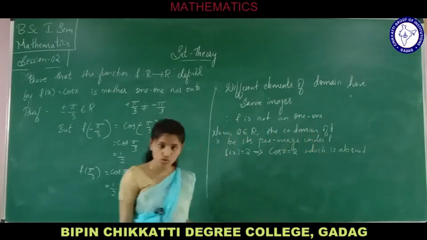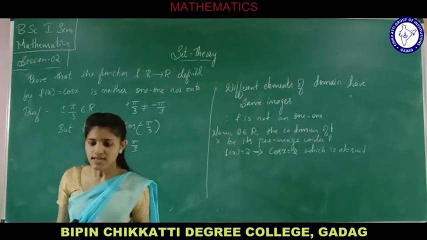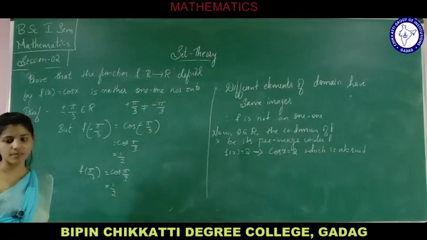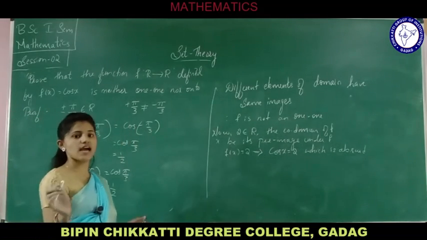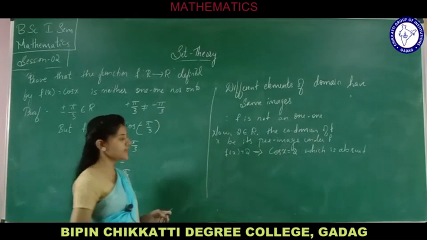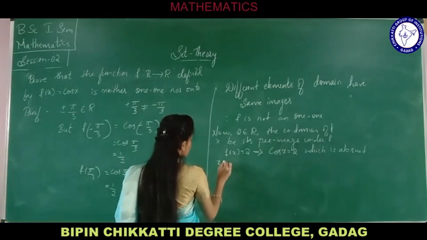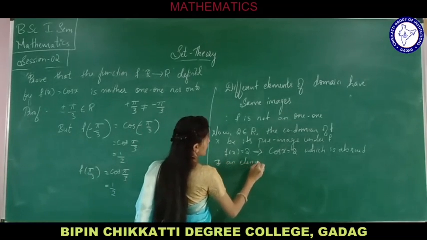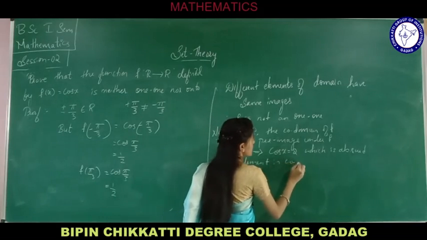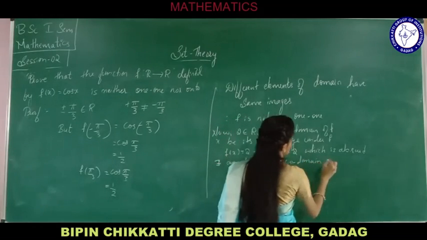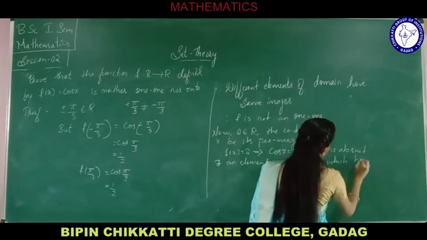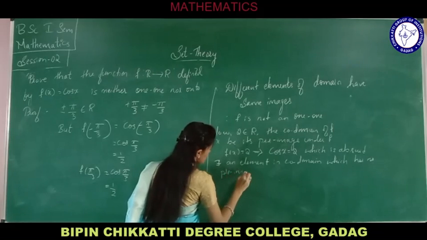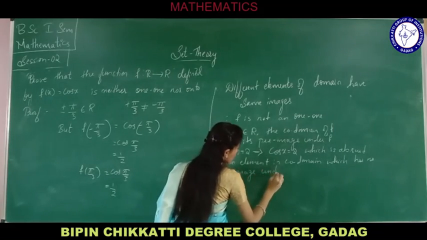So, what did we get to know? There exists no such x belonging to R. There exists an element in the codomain which has no pre-image under f.